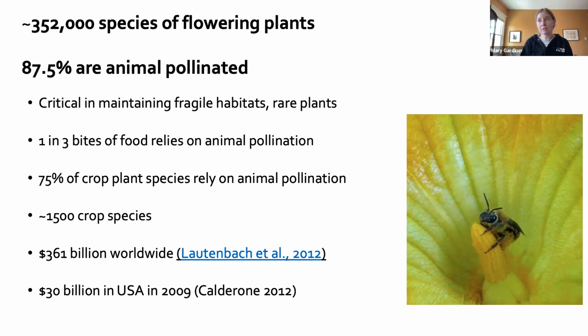About 75% of crops produced require animal pollination, and that's about 1,500 species of crops. Economically, this is really important. Estimates have put the value of pollination at $361 billion across the world, and about $30 billion in the US alone, and that was quite a number of years ago at this point.